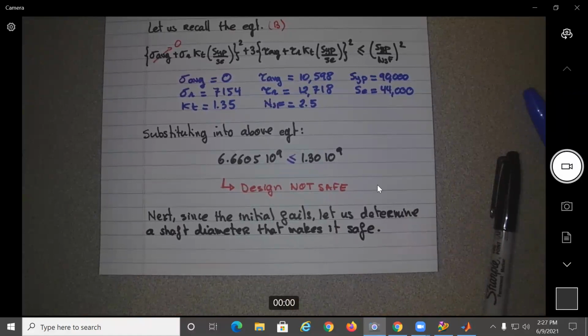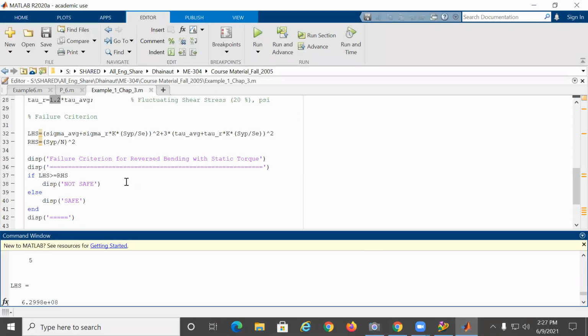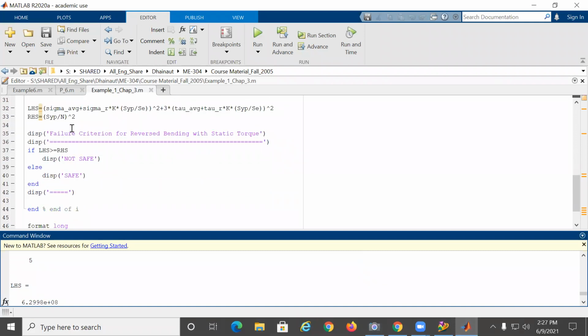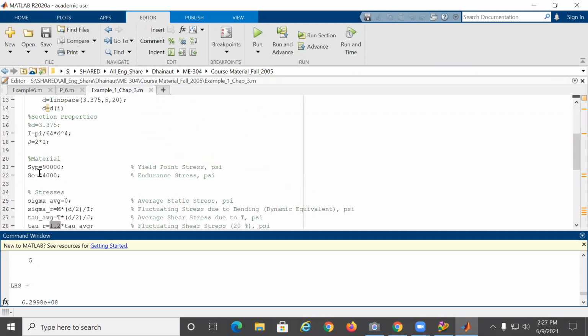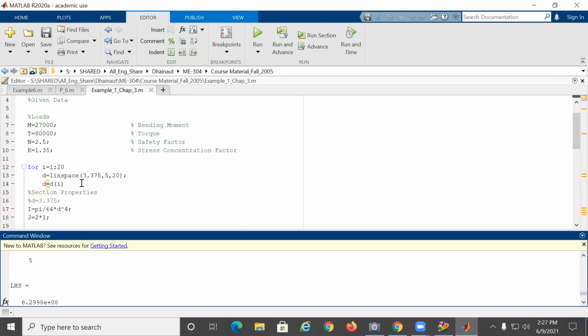Okay, so here there are two ways to do it, right? One would be the numerical approach that we have over here, where I basically try different values of D. The value of D will start at 3.375 and go all the way up to 5.